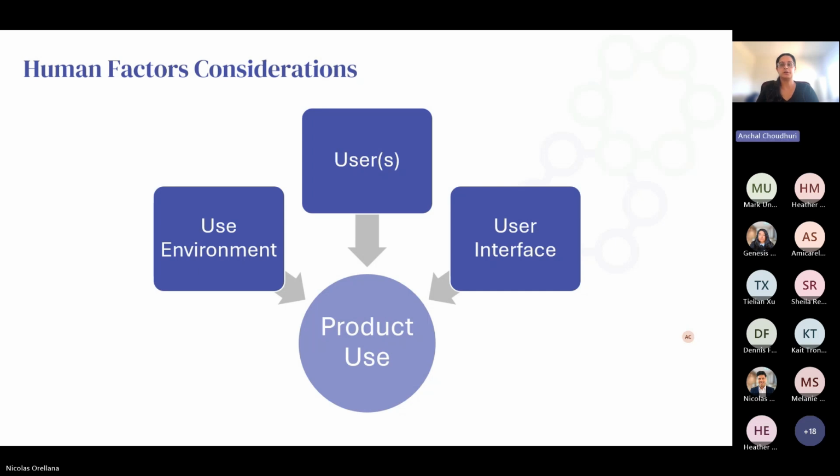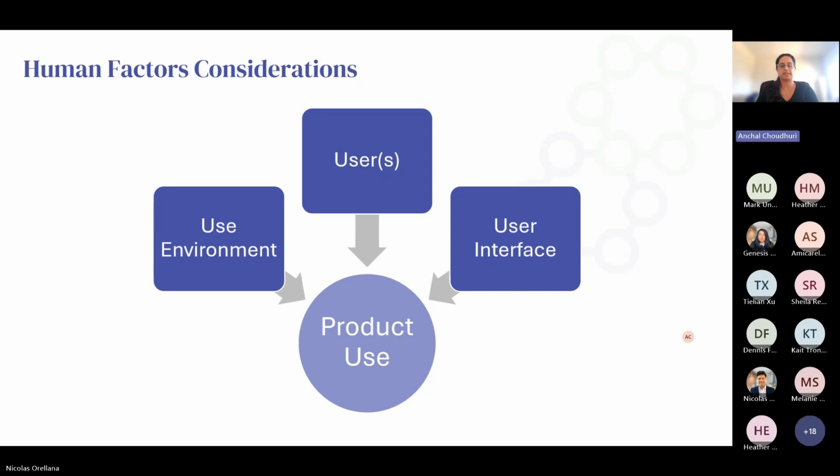The user or users could be physicians, nurses, patients, or caregivers. And each type of user brings their own prior knowledge and expectations to the product.